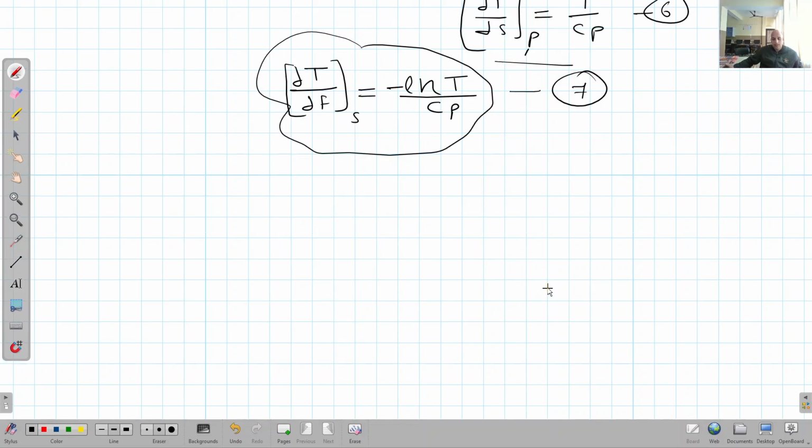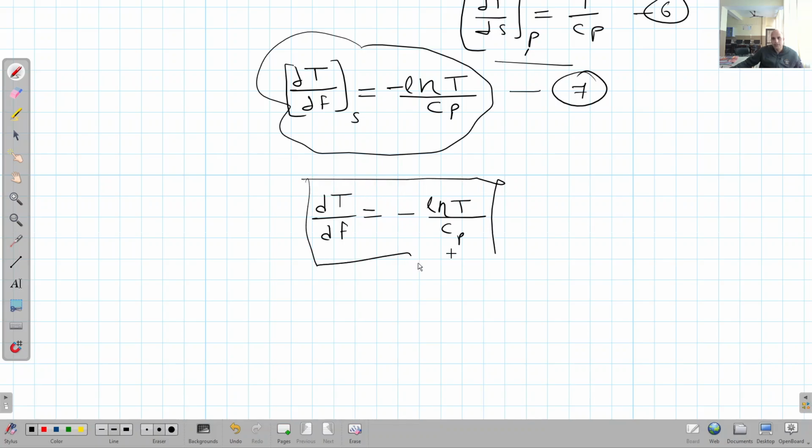Clear? Now I can write it in the simplest way. dT upon dF is minus L eta T upon Cp. Now I write it in the form of a full derivative instead of a partial derivative. So now equation 7 becomes this. Clear? Here Cp is what? Specific heat of the material.